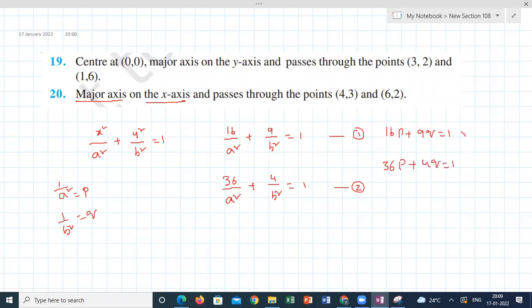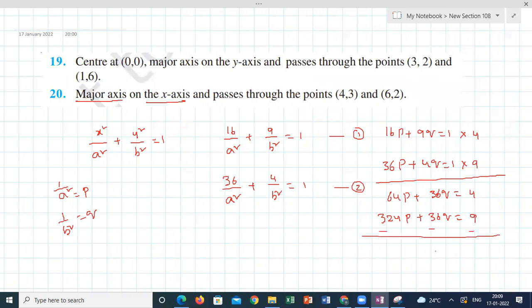I'm multiplying this one with 4, this one with 9. 64p plus 36q is equal to 4, and 324p plus 36q is equal to 9.